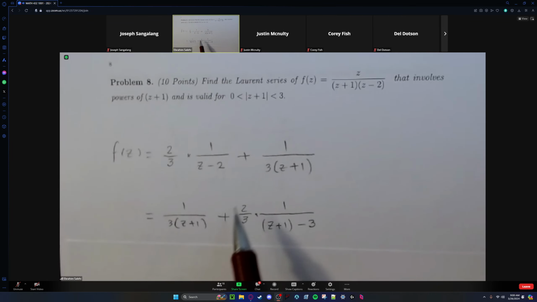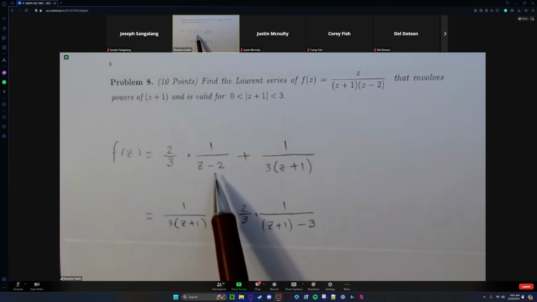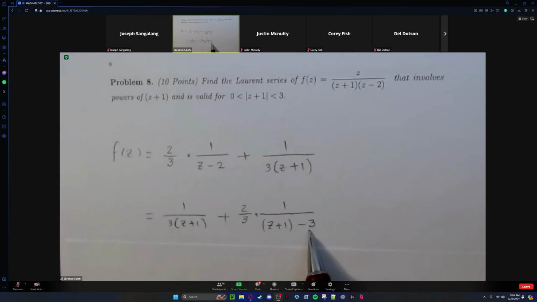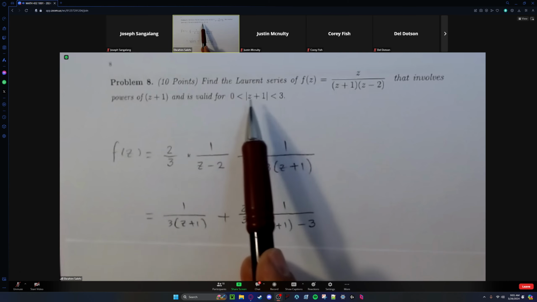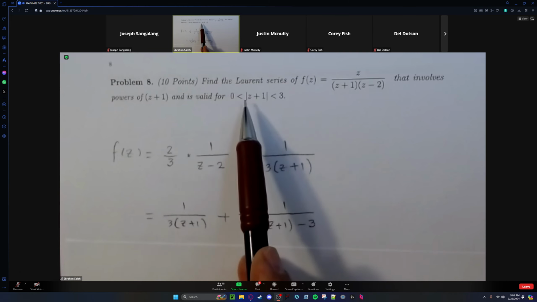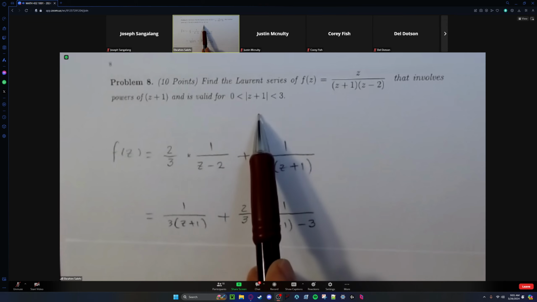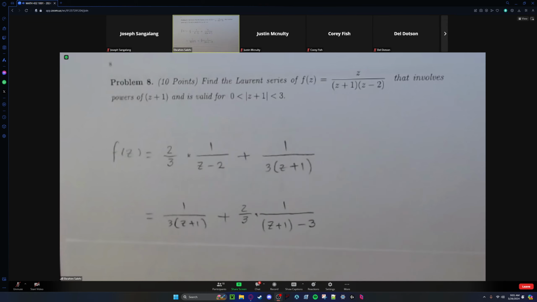Okay. This is this one. Now, this is 2/3. I added 1 and subtracted 1. Okay. Oh, we want, in this area, that means z plus 1 over 3 will be less than 1.